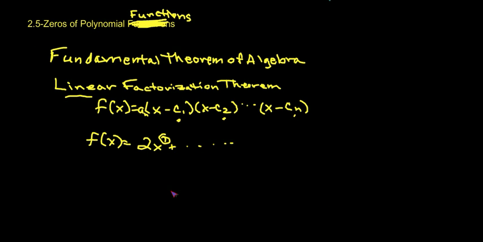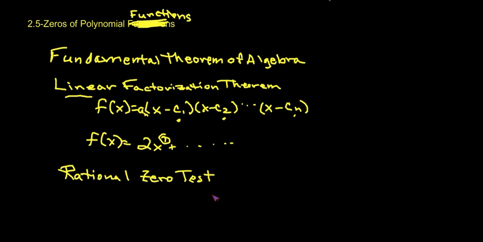Now, one other test that we're going to look at here is called the rational zero test. And our rational zero test is basically going to help us find possible rational zeros.